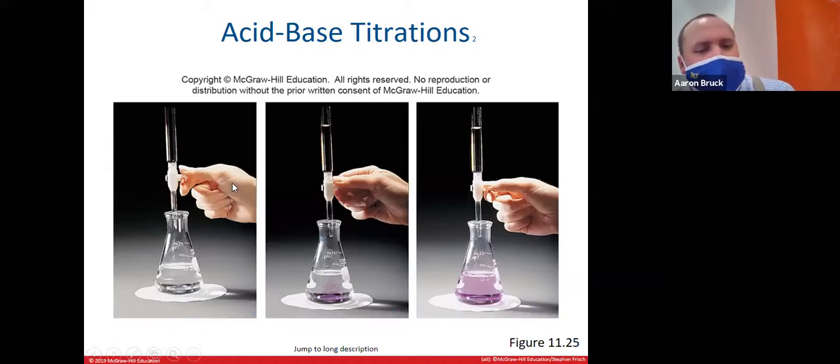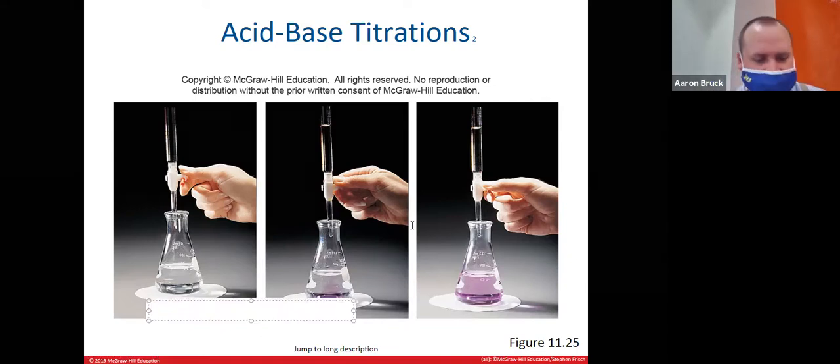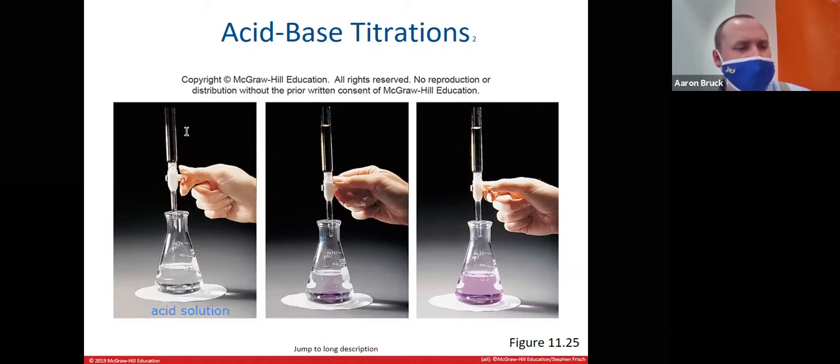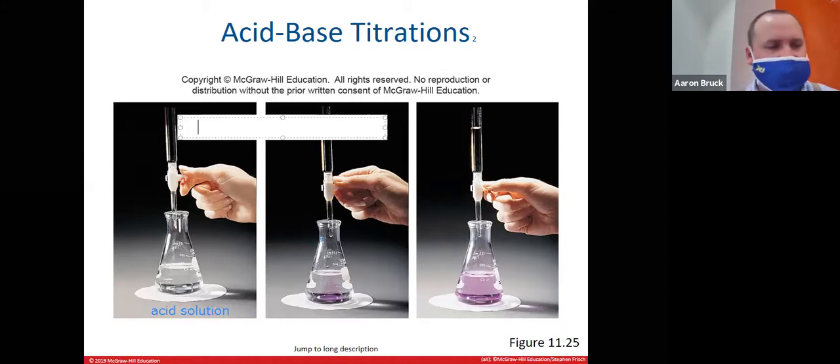In lab next week, you will get to do this kind of a reaction for yourself. This is what a titration actually looks like. So what you have in the flask here is your acid solution. In this apparatus, which is called a burette, you have your base solution.